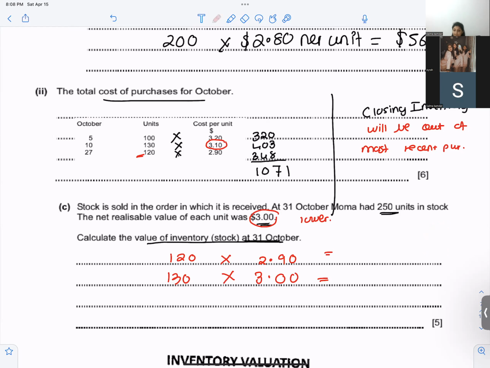So the first one is 348, and the second one is 130 into 3, which is 390. So what is the value of your closing inventory? 738.